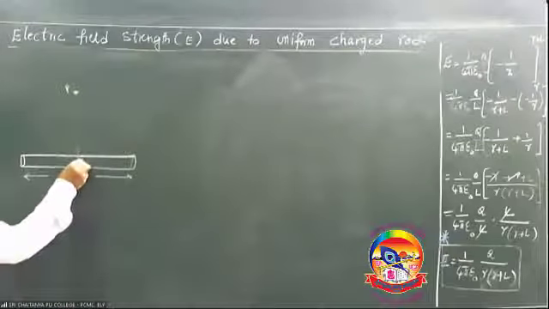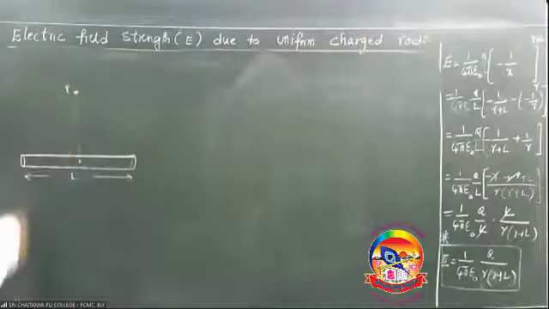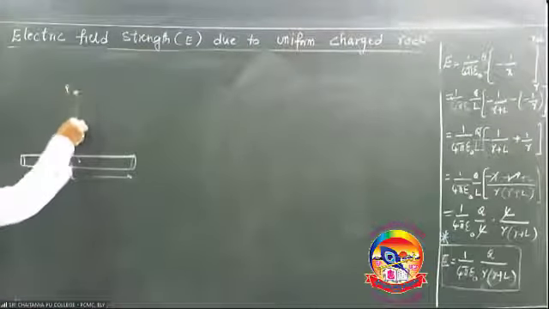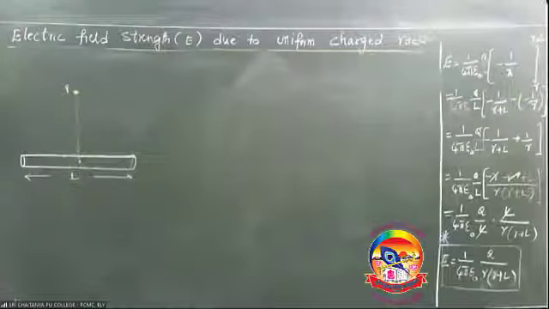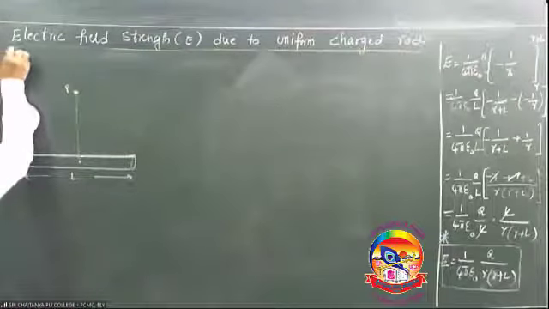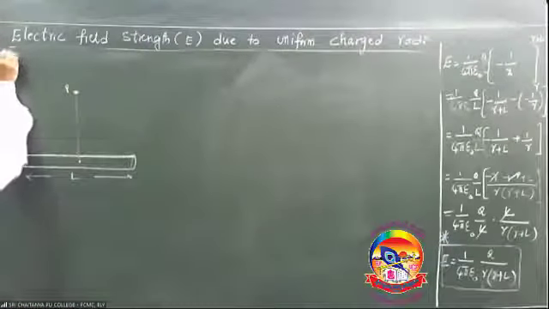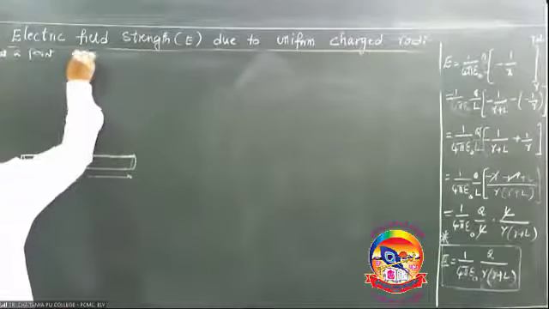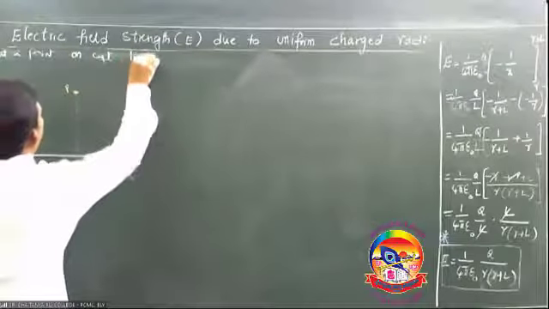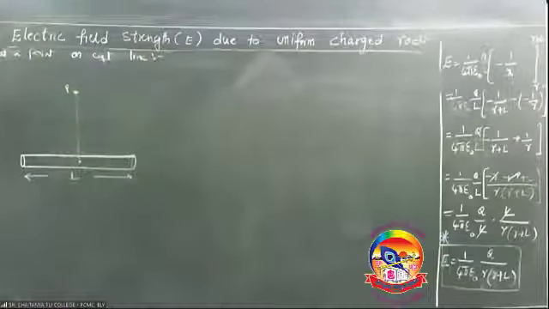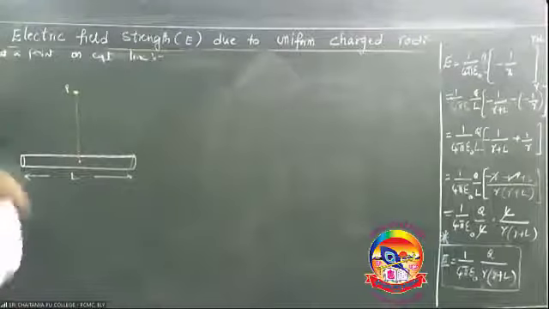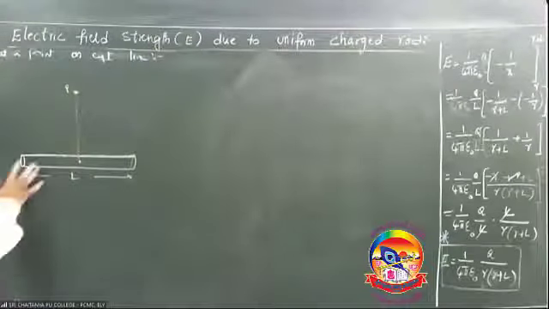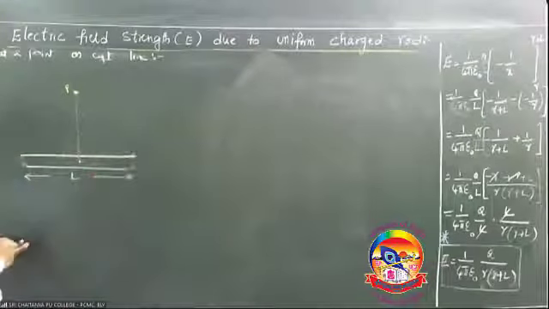Perpendicular to its length, exactly on its perpendicular bisector. This is also called a point on the equatorial line. At this point, what is the intensity? Right? Make it a little bit bigger.